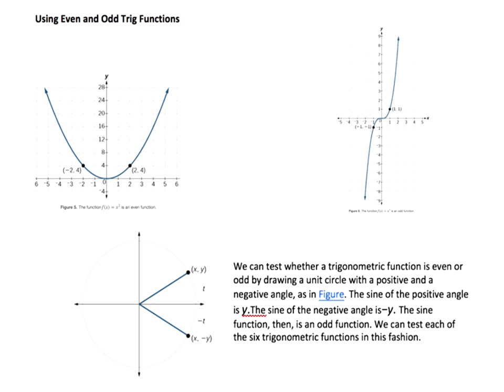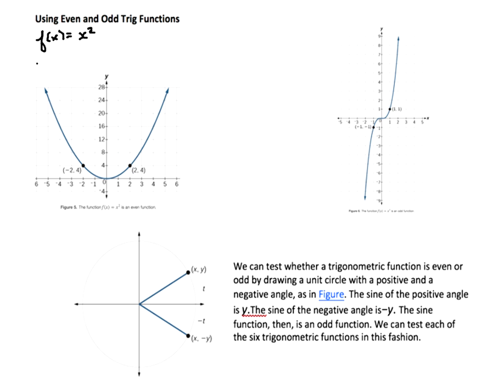Okay, using even and odd trig functions. Let me just remind you about the characteristics of even and odd functions before we look at the trig functions with this. The most basic even function is the quadratic, which is f of x equals x squared.